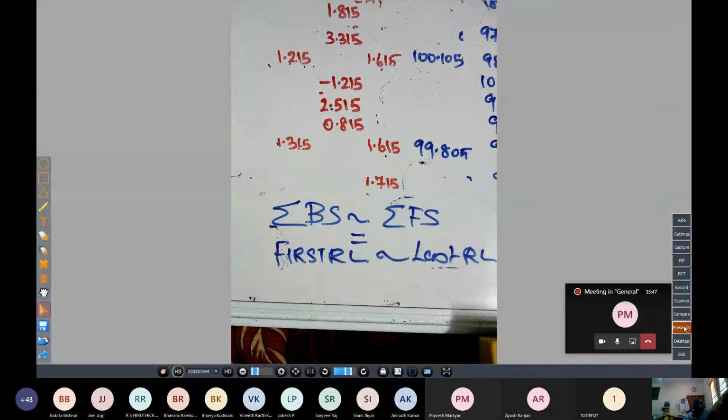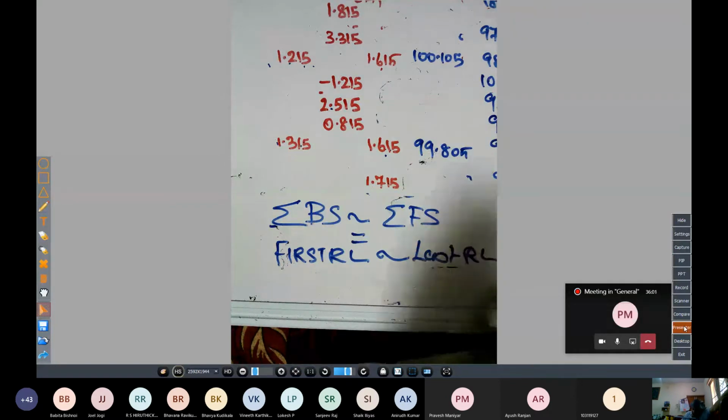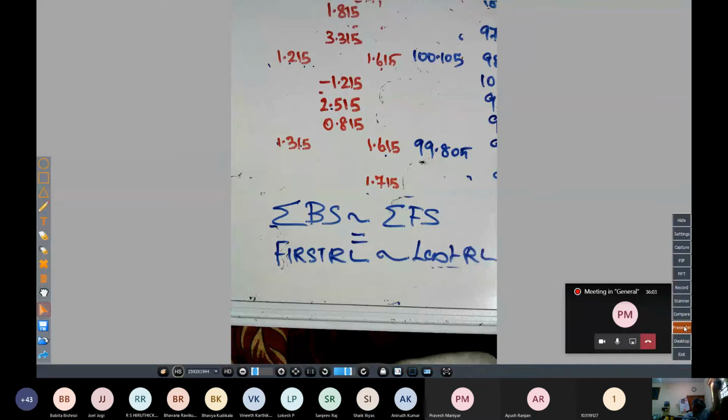Okay, this is what is called an arithmetic check. Is it okay for you? So this method is called the height of collimation method of reducing the values.